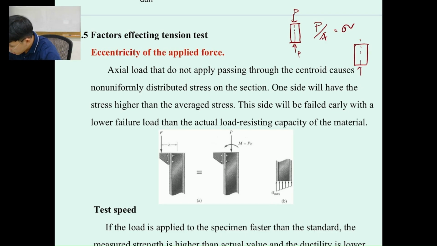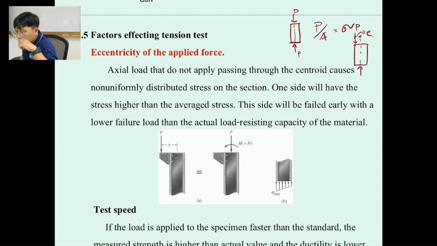So this one, my bottom finger, is the reaction, and my top finger points over here as P, which means I produce some length over here. I call it the e length, the eccentricity length, which means the distance that differs from the center line.